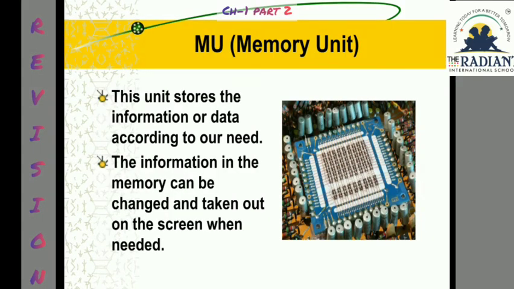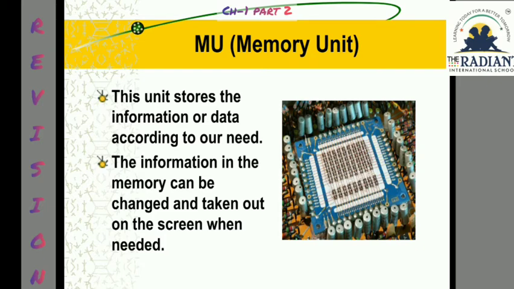Now a memory unit. Look at the picture of memory unit. It is inside a CPU. What will it do? This unit stores the information or data according to our need.